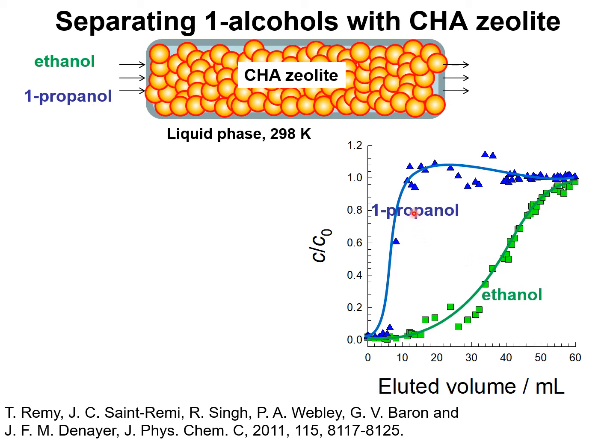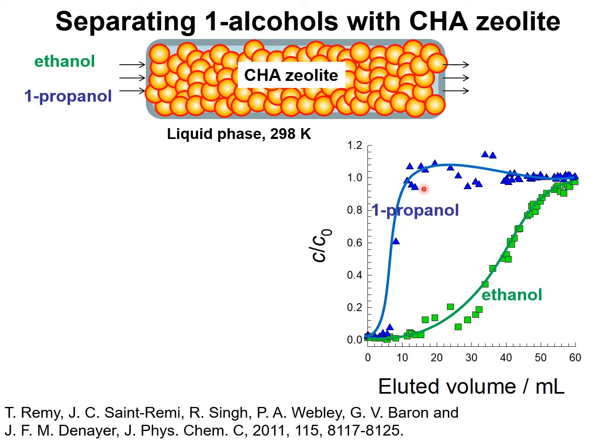Remarkably, 1-propanol breaks through earlier than ethanol, indicating that the separations are selective to the smaller component ethanol. The x-axis in the breakthrough curves is the eluted volume expressed as milliliters.